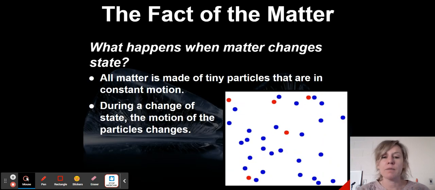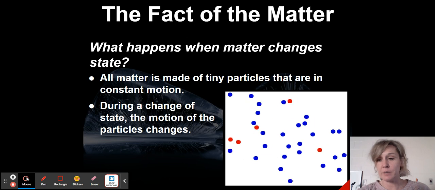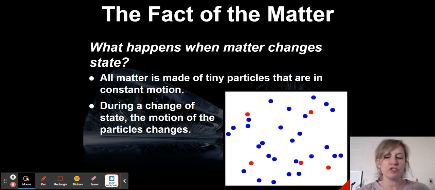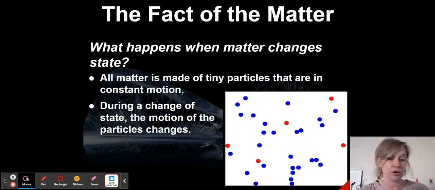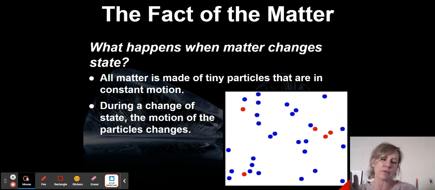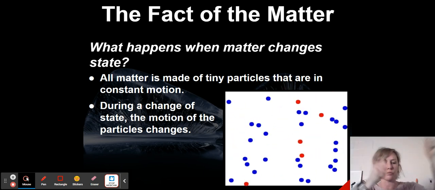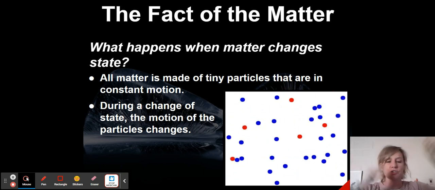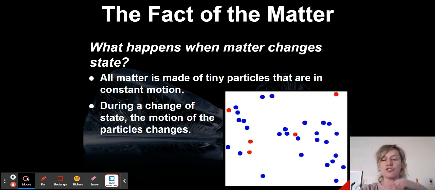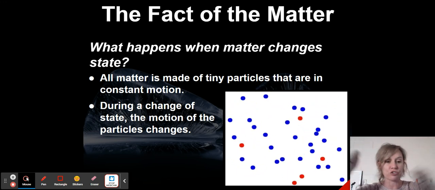All matter is made up of tiny particles in constant motion. During a change of state, the motion of the particles changes. Here it's more represented by a gas. The particles are moving all over the place, bouncing off the walls, there's no definite volume, no definite shape, they're just bouncing off each other.